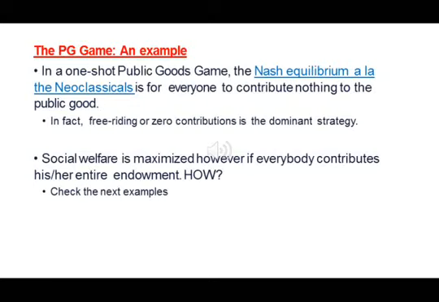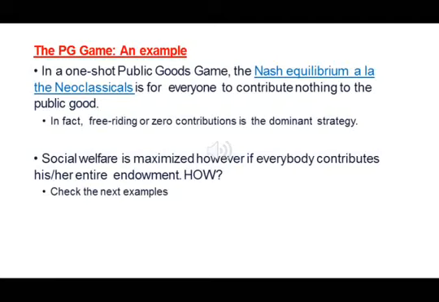So if this game was played once, in other words, in a one-shot public good game, played just once in the experiment and that's it, the Nash equilibrium a la neoclassicals is for everyone to contribute nothing to the public good, because every individual would want to free ride, and every individual would know, because of the common knowledge assumption that we talked about before from the neoclassical theory, that everyone else would free ride.